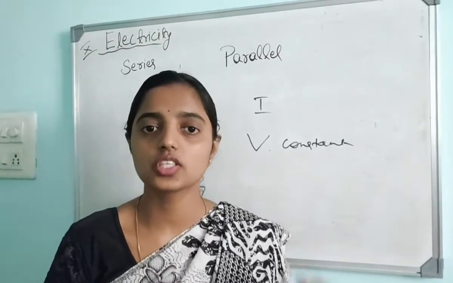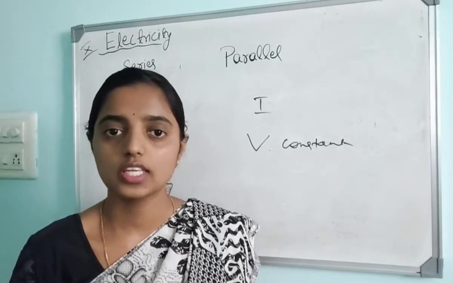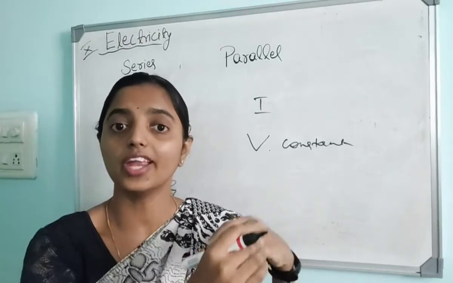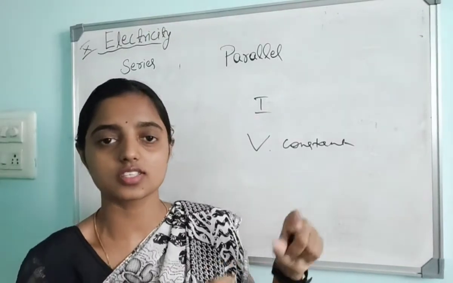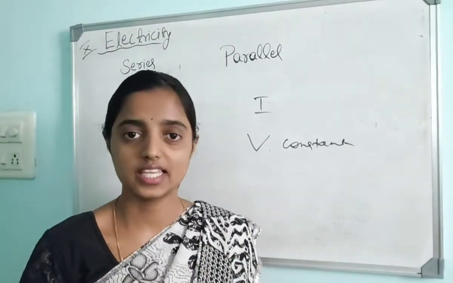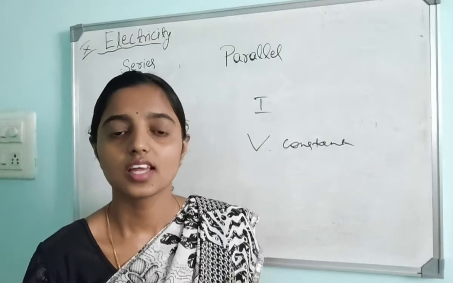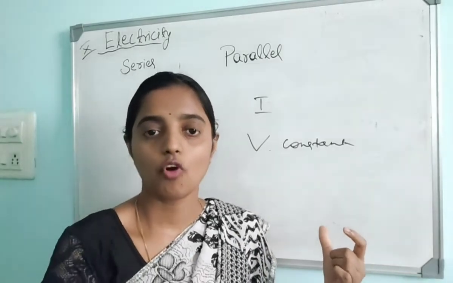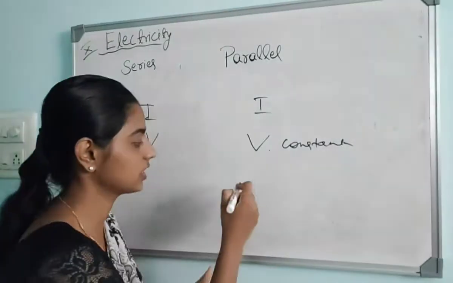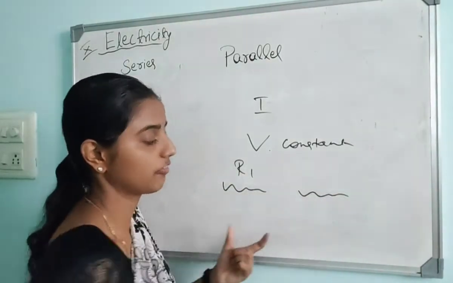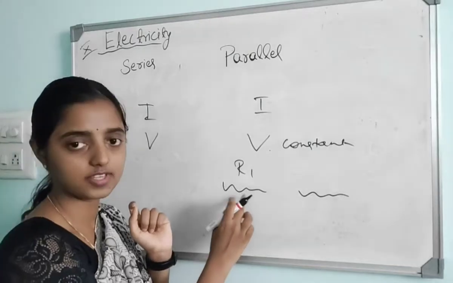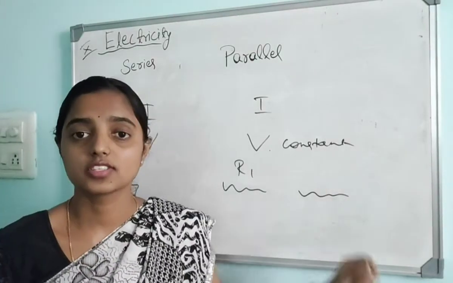Now just imagine the series connection. In series connection, the resistors are connected end to end. That means the connection is easy. When compared to parallel, the circuit connection in series is easy. And here the current will flow through one resistance after another. If I have resistor 1 and resistor 2, current will flow first through resistor 1, then only it will move to resistor 2, no?